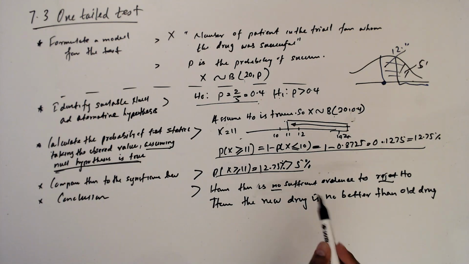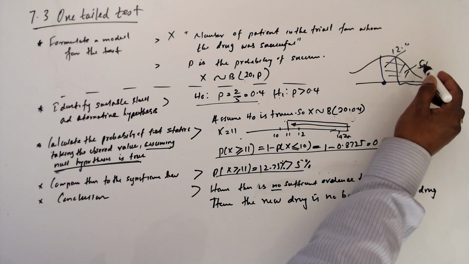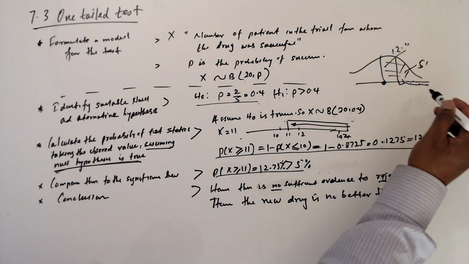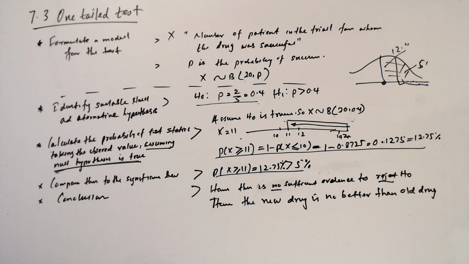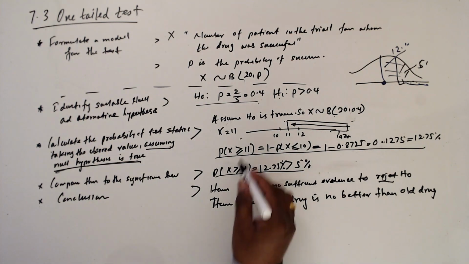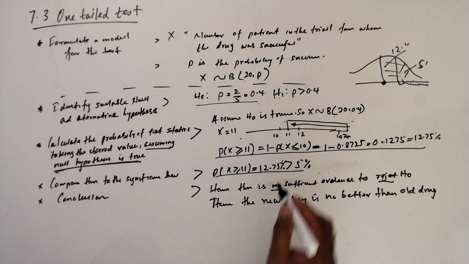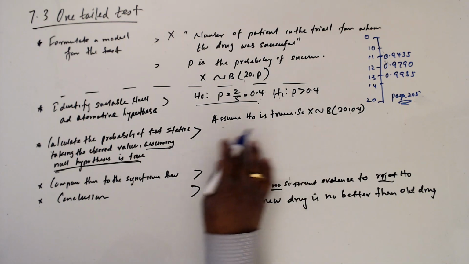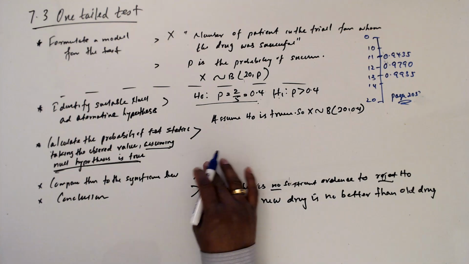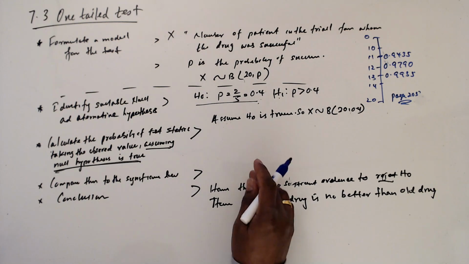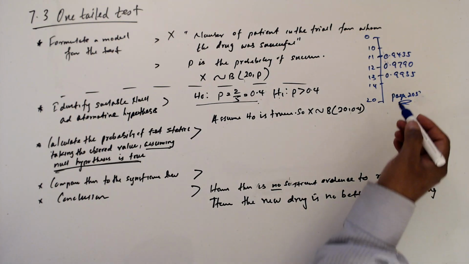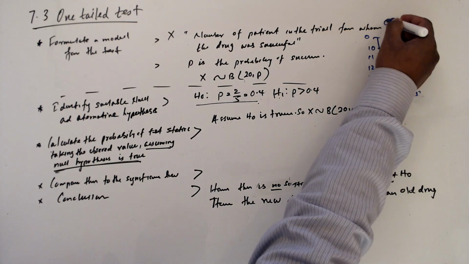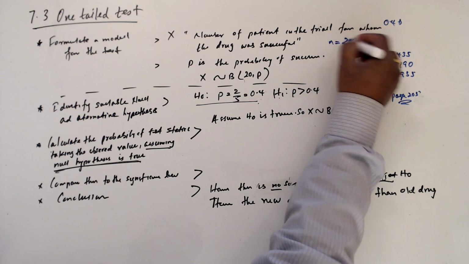So if you can find the values for this 5%, 11, 13, or whatever, we will see that we get the observed value in the critical region. We'll adjust this part. Here we do the work as usual for the critical region, like we did in the previous exercise. This is page 205, the cumulative distribution for 0.40 and n equal to 20.